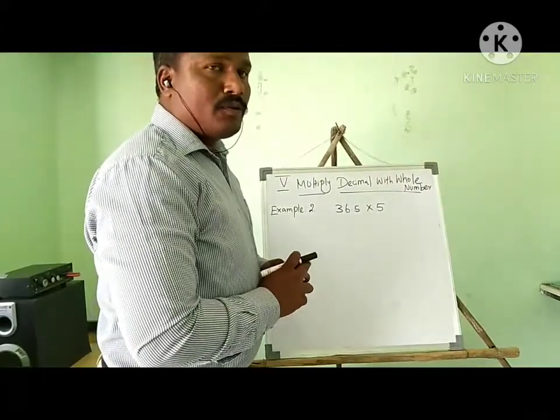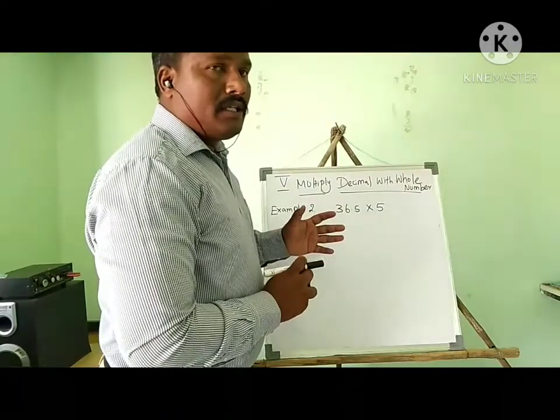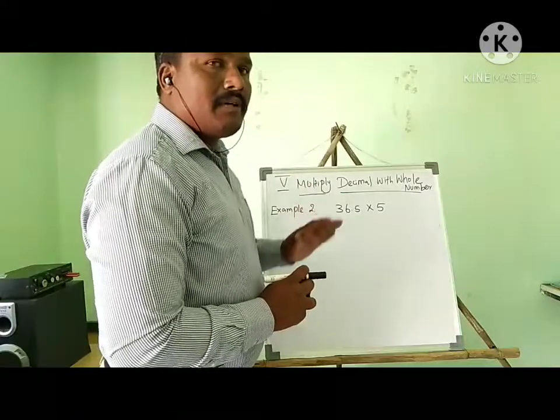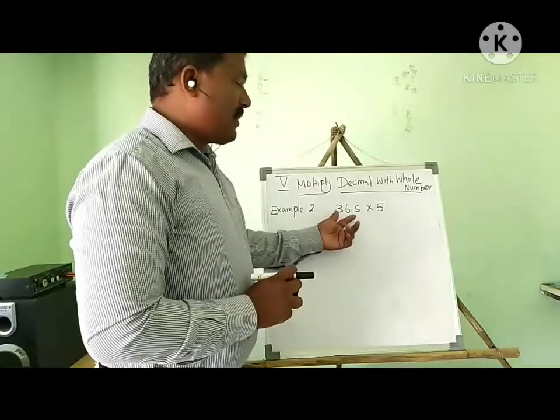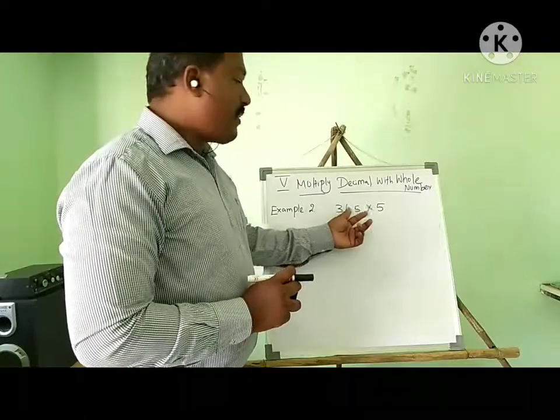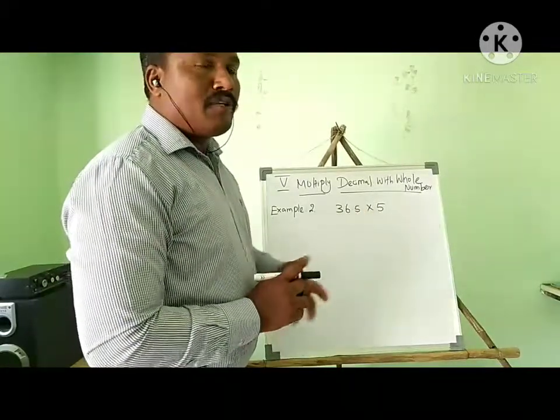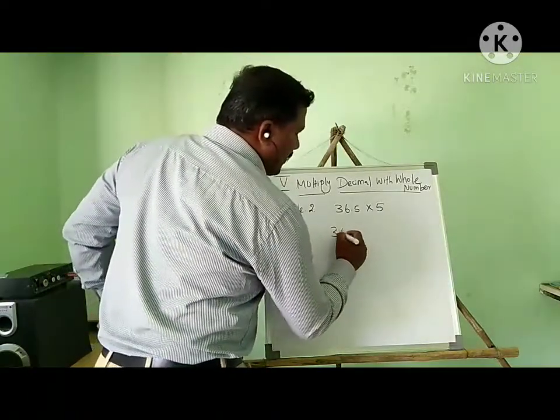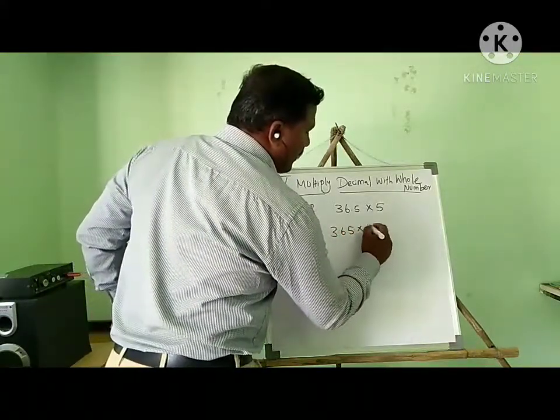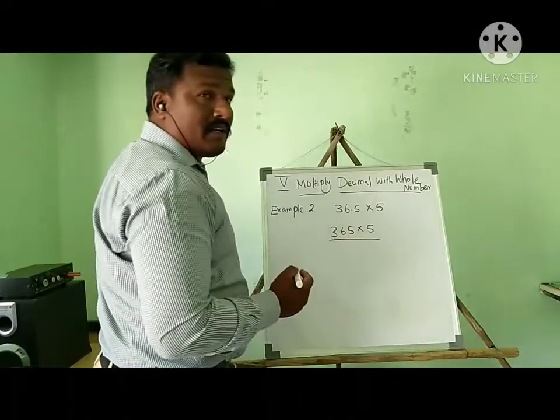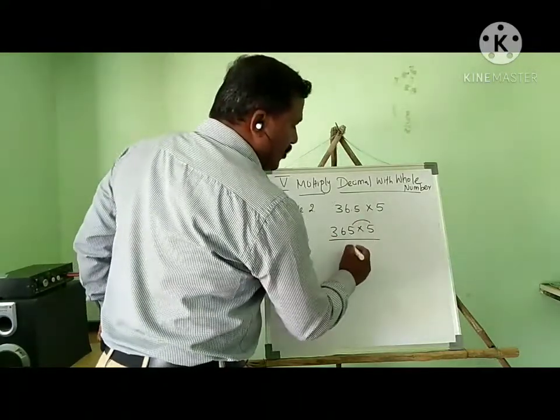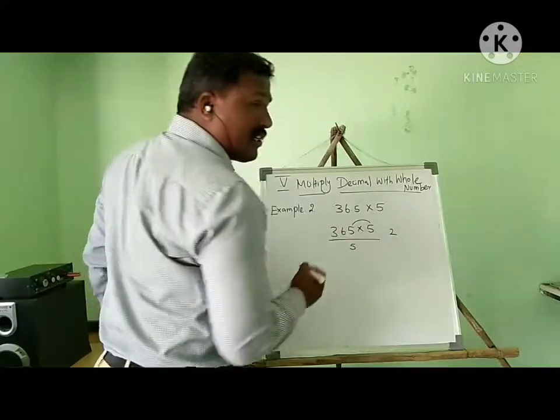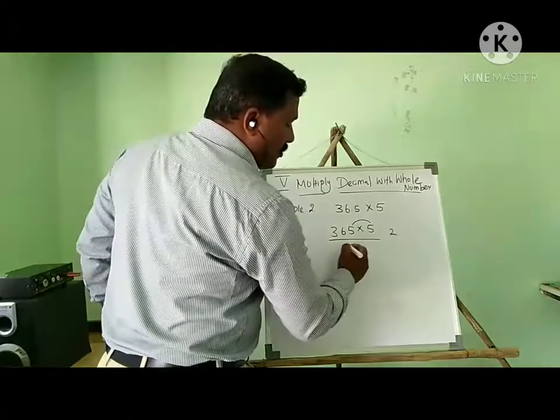Here I am going to give another example of multiplying a decimal by a whole number. If you look at this, 36.5 is the decimal number, 5 is the whole number. Now I am going to find the answer. I already told you, take the number as it is, a normal real number, and do the normal multiplication. 5 5s are 25, remainder 2. 6 5s are 30, 30 plus 2 is 32.